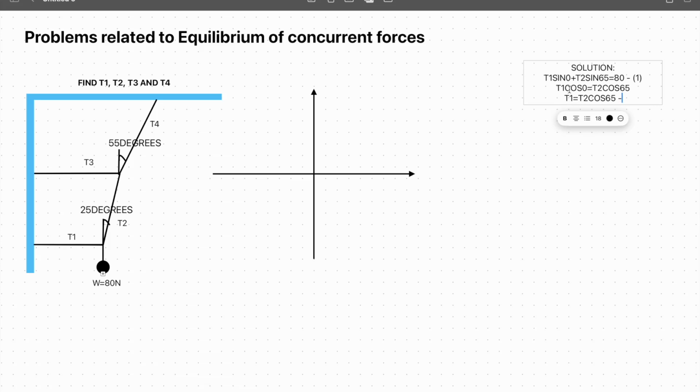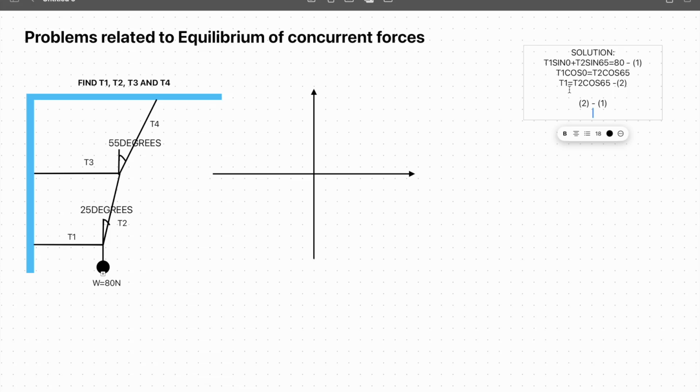This is another equation, equation 2. Now we put equation 2 into equation 1: T2 cosine 65 multiplied by sine 0 plus... actually I think I've done something fundamentally wrong.